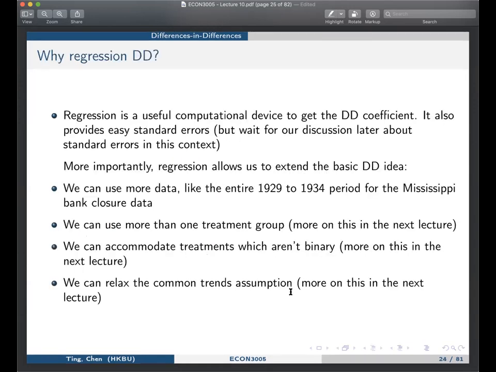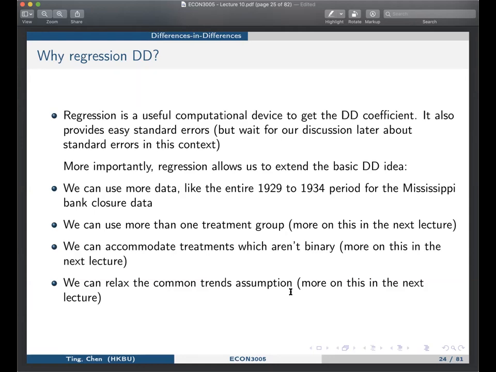So why do we want to extend the very simple DD formula using the mean difference to a regression setting? Well, because regression is actually a very useful computation device to get the DD coefficient.